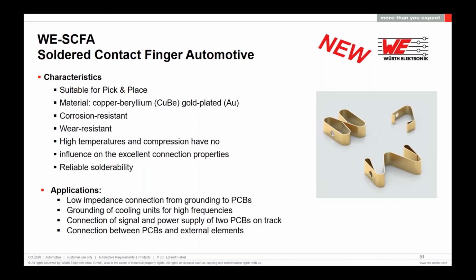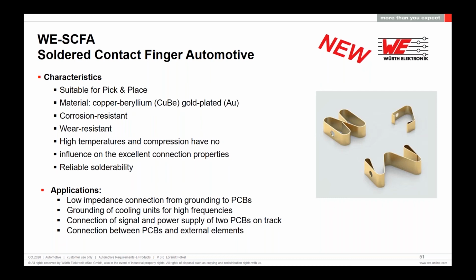The next component which you can use is this contact finger, made of copper beryllium with a nice gold plating to have a very low DC resistance. In some applications where multiple PCBs are stacked on each other, one customer used connectors, and the problem was that during the vibration test the connector was not making a good contact.